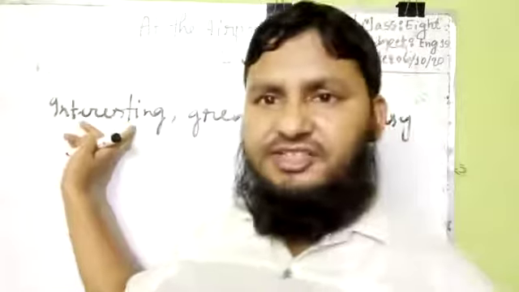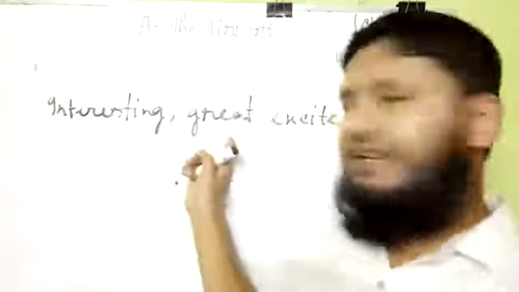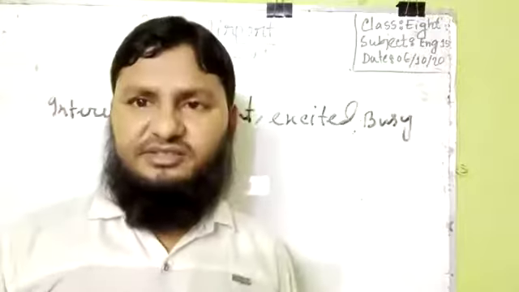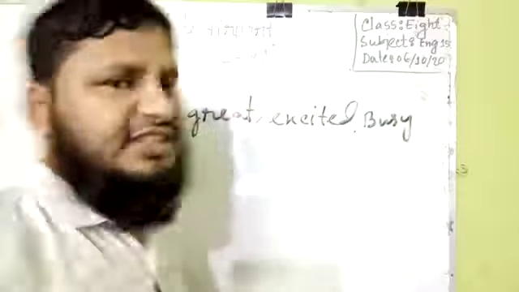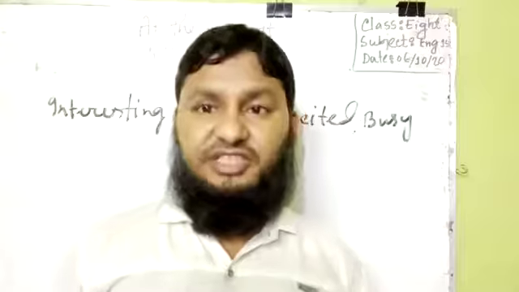interesting indicates something joyous or enjoyable, and great indicates something famous. And next you can see that excited means very much spellbound. Finally you can see here that busy is the condition of not being free.